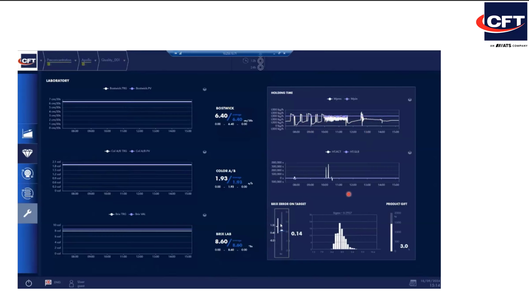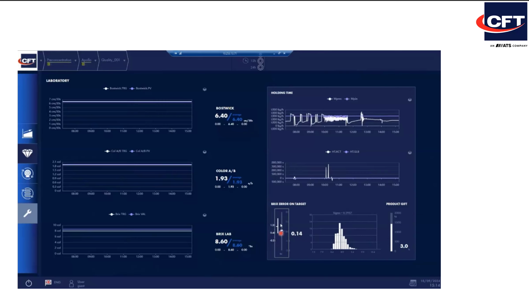Finally, on the bottom part of this quality slide, we have the standard deviation on the bricks. So in this case, we had an average value around 8 bricks, and the standard deviation was 0.14 bricks.